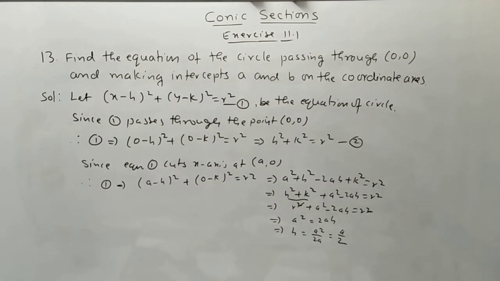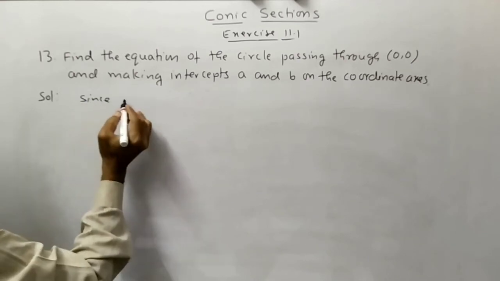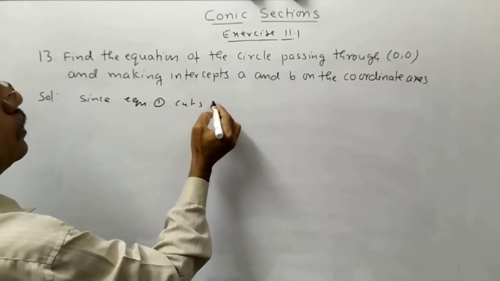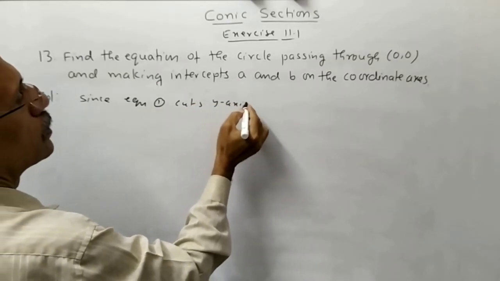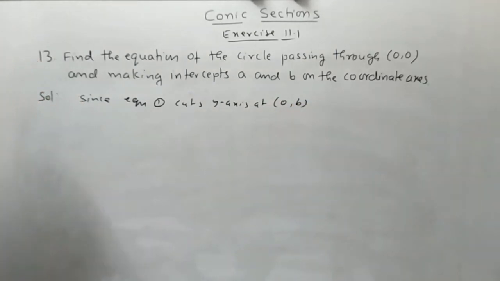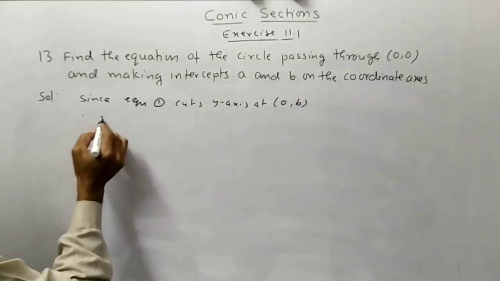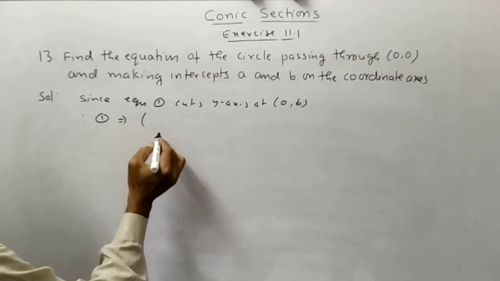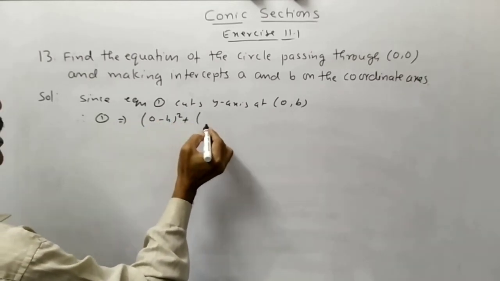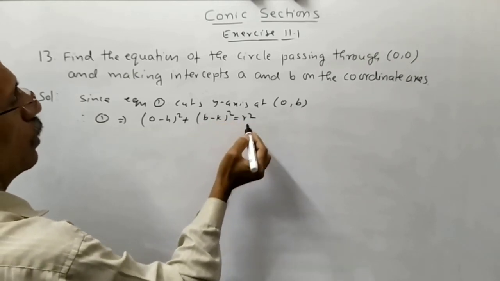Since equation 1 cuts y-axis at 0, b because y-intercept is b, therefore 1 implies (0 minus h) whole square plus (b minus k) whole square is equal to r square.